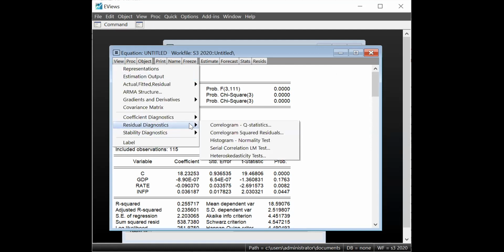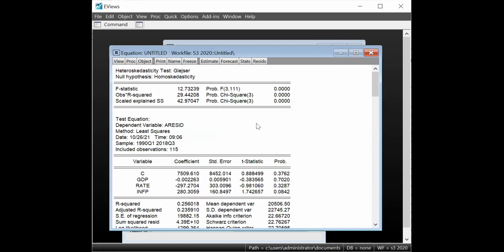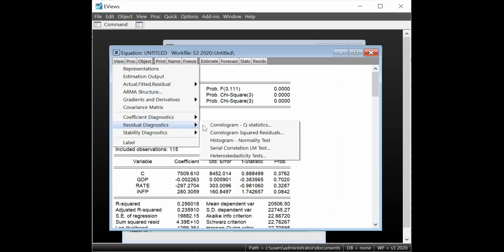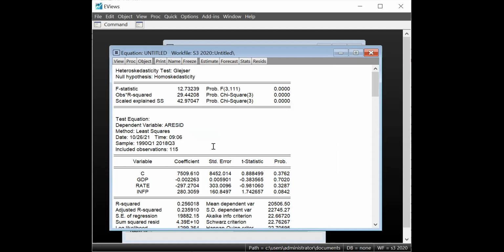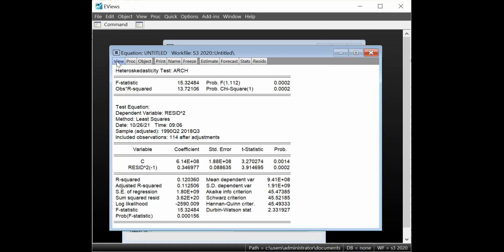We can also test with the Glejser test. Yes, also we have heteroskedasticity. And then if we have ARCH here, same, we have heteroskedasticity.